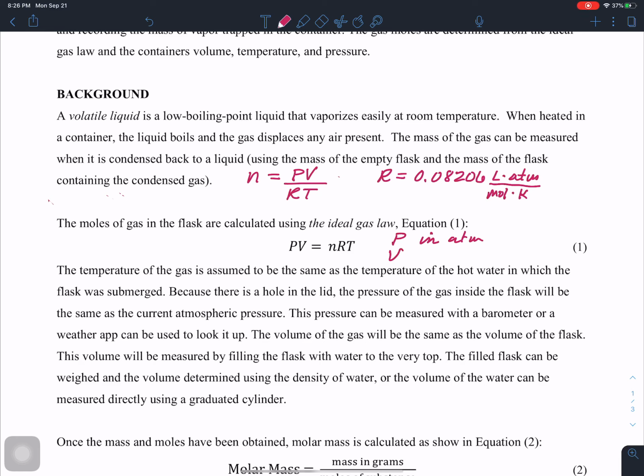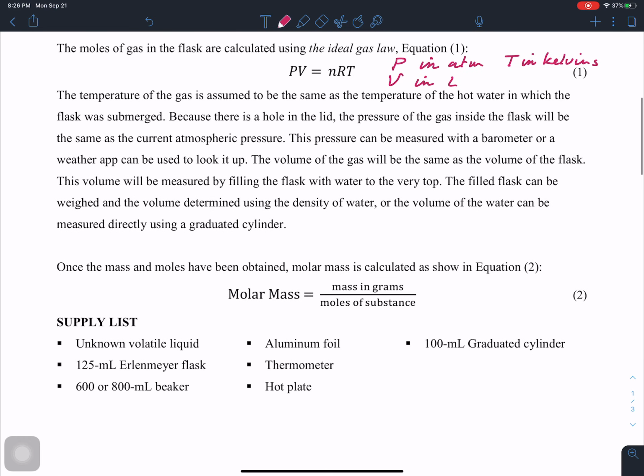The volume needs to be in liters. And the temperature needs to be in kelvins. So there will be some unit conversions that you need to do. Then you can plug those numbers into the equation, find n. We get the mass from the condensed liquid, and then we can put it together here and calculate our molar mass.